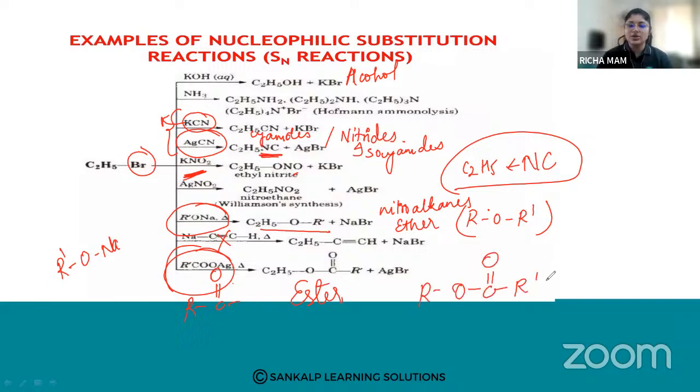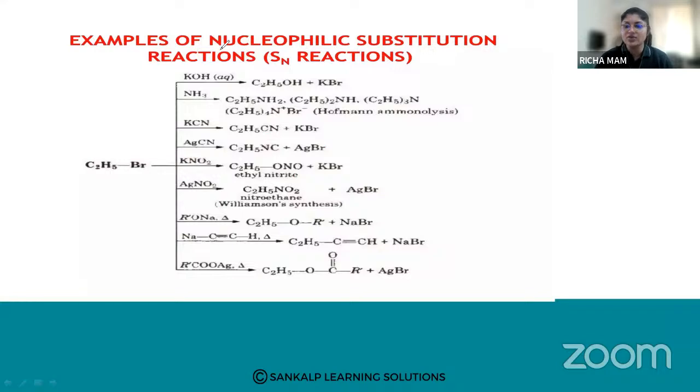Like this, so this is your ester. We have seen different reagents from which different nucleophiles can be generated, and by using these different nucleophiles, we can do nucleophilic substitution reactions.